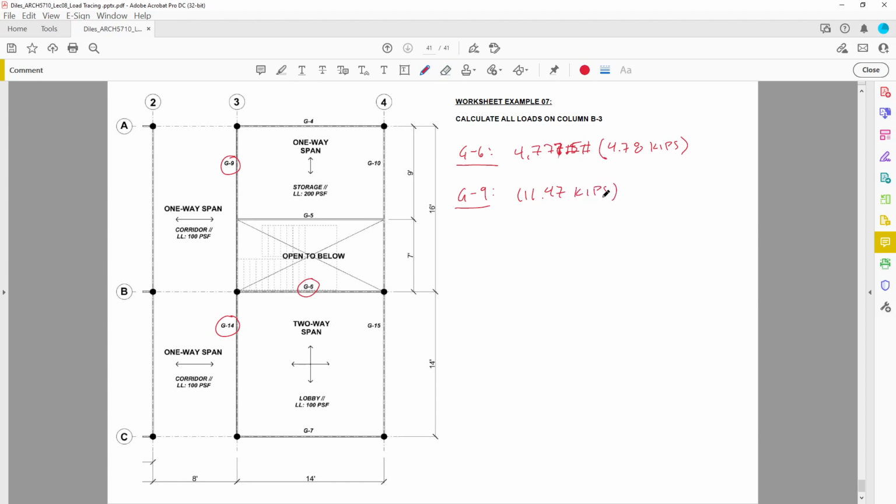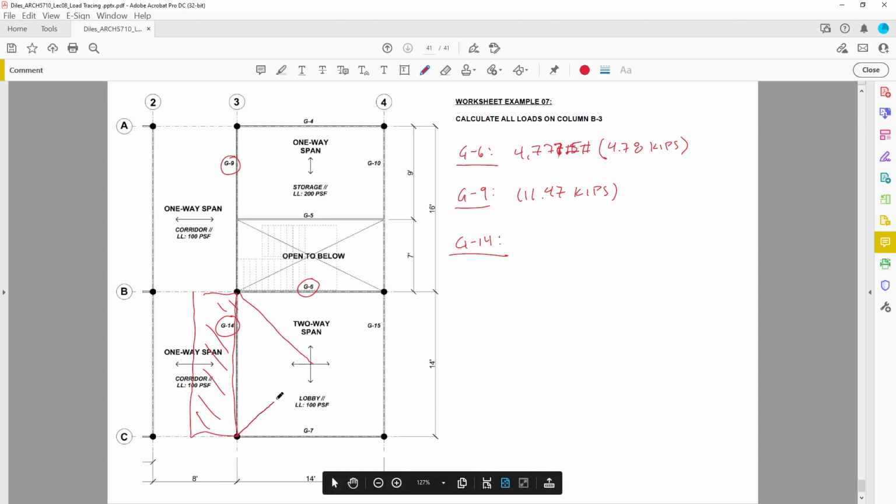And now we're concerned with the load from G14. So we haven't figured that out yet. So let's look at the load from G14. So what is G14 supporting? Well, we have a one-way span on this side coming in this way, and we have our two-way span like this that it has to support.